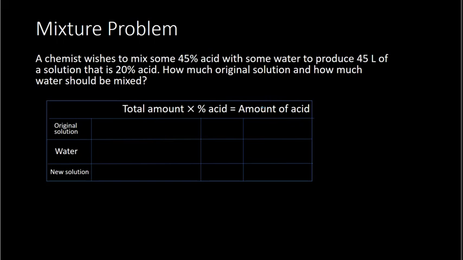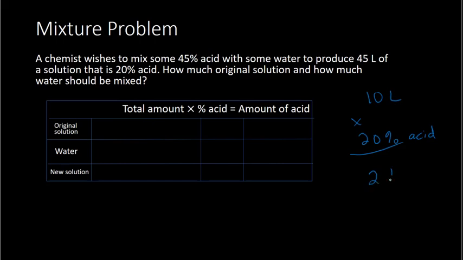And how this works, for example, is if you have, let's say, 10 liters of something, and let's say it is 20% solution, so 20% acid, or whatever we're dealing with. If it's 20% acid, that means 10 times 20% will tell you how much acid we actually have. So 10 times 20% would be 2.